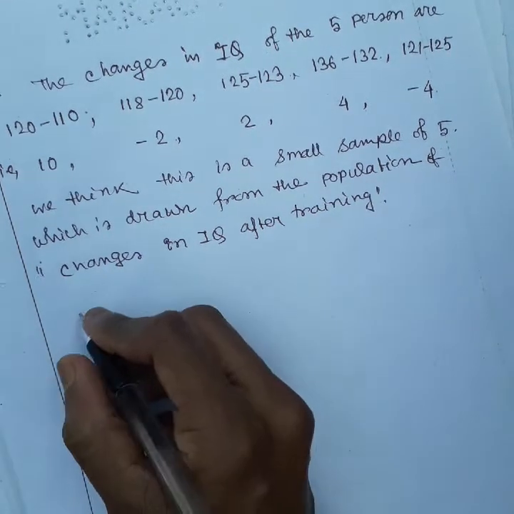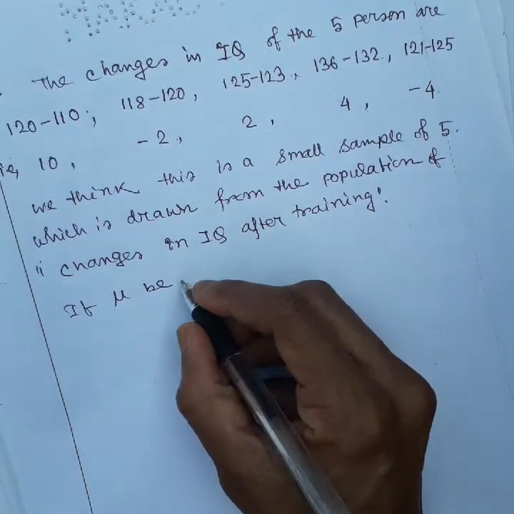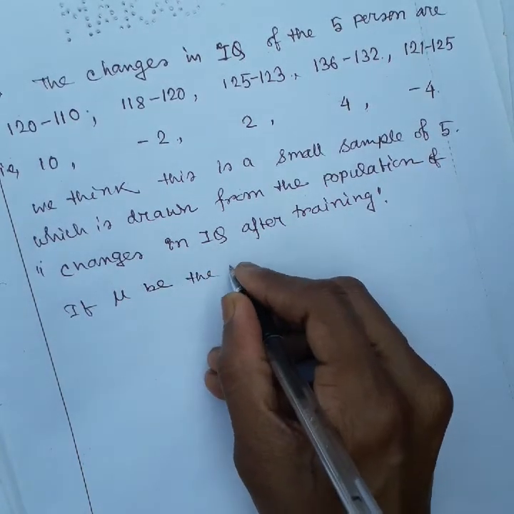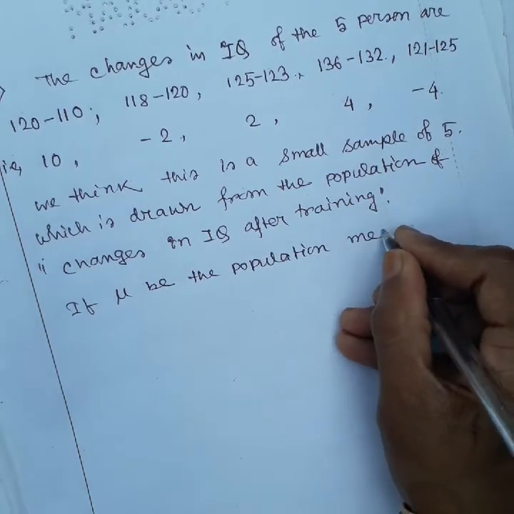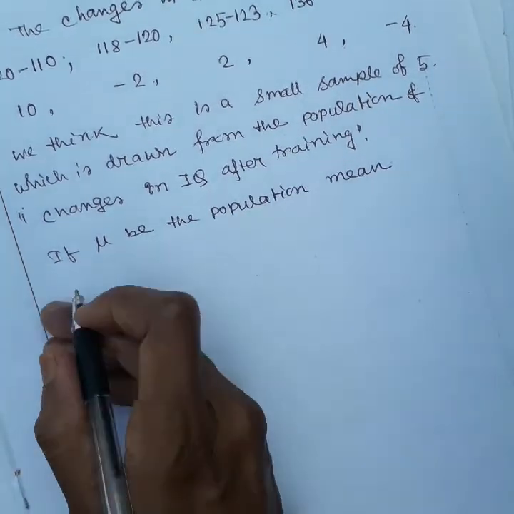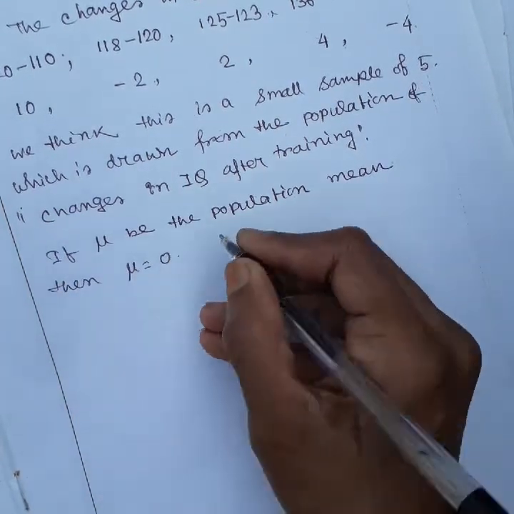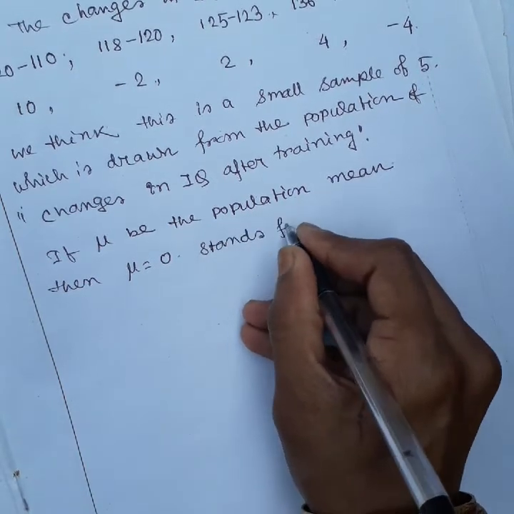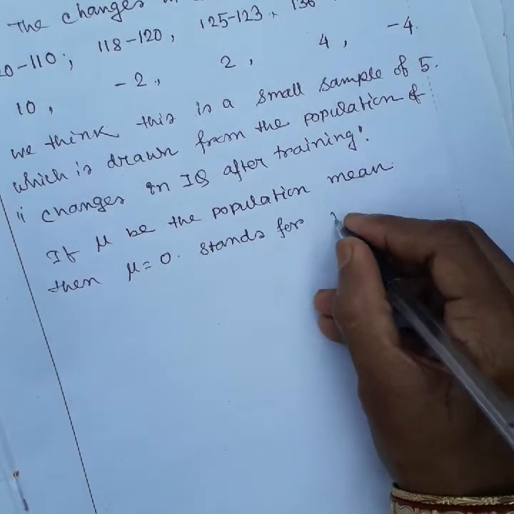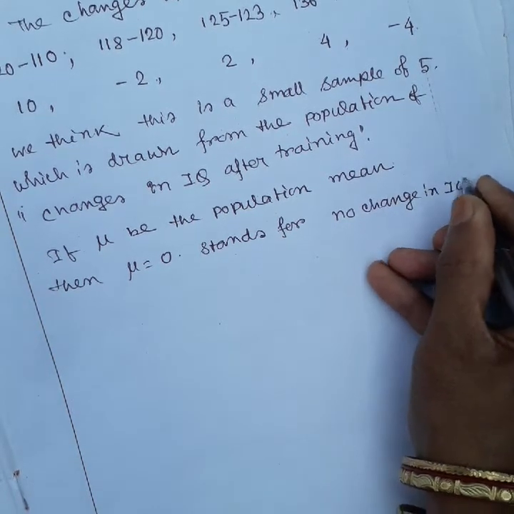So if mu be the population mean, then mu is equal to 0. It stands for no change in IQ.